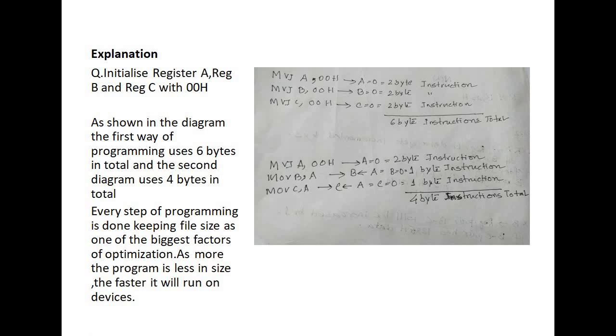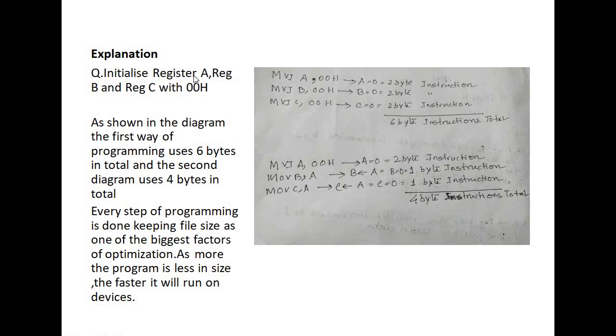Okay, but the drawback is that immediate addressing mode will need more memory locations if we compare it to register addressing mode. How? Let us understand with a simple example. I gave one question: initialize register A, register B and register C with 00H. This is a simple question.